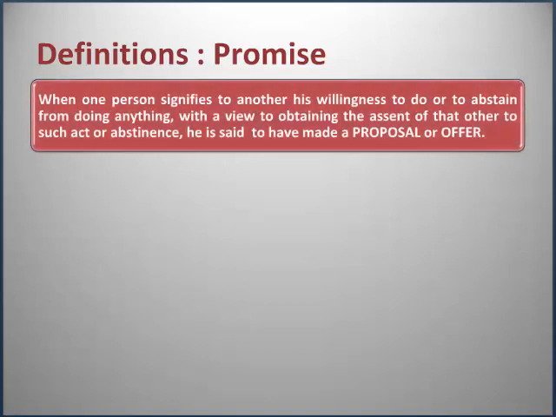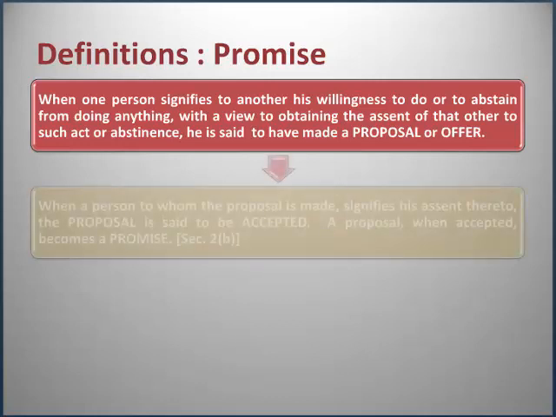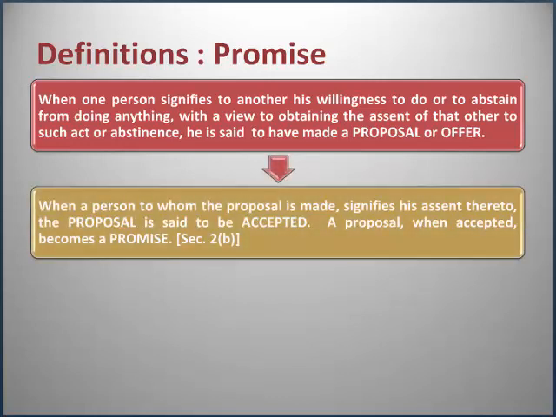The law says, when one person signifies to another his willingness to do or not to do anything with a view to obtain the consent of that other to such act or such abstinence, this person is said to have made a proposal or an offer. Then, when the person to whom the proposal is made accepts it, when he signifies his assent thereto, the proposal is said to be accepted.